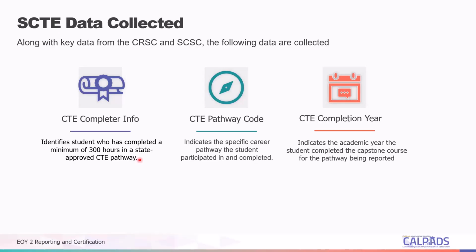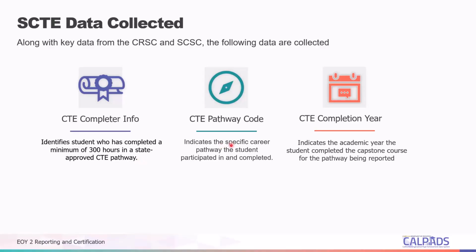So the CalPADS coordinator and the CTE coordinator, as well as the teacher or the counselor, should be able to identify who are the CTE pathway completers this year locally by determining the requirements locally, if they met the minimum 300 hours, and if they've completed the sequence of pathways. If that is the case, then that's the only time that you identify a student as a CTE pathway completer.